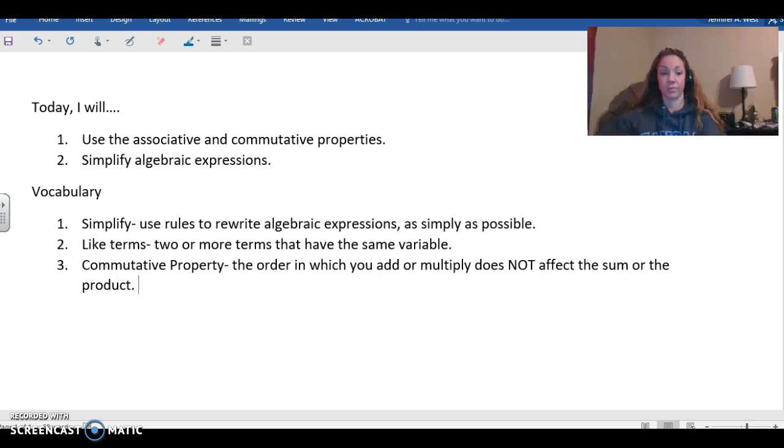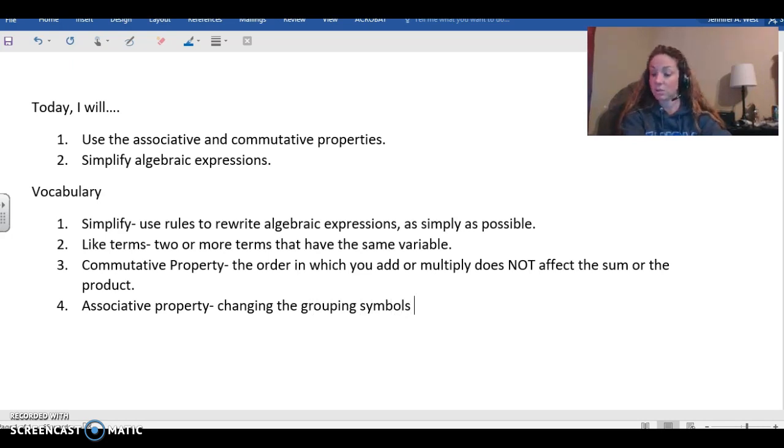And your very last vocabulary word for today is associative property. And that is when changing the grouping symbols of terms does not change the sum or the product.